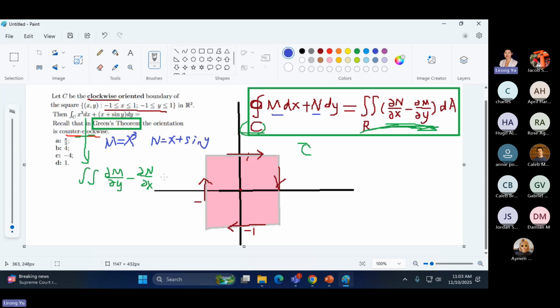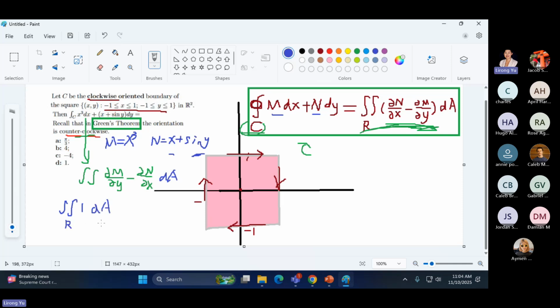So converting it to a double integral, it will be a double integral on the square integration region of dM/dy minus dN/dx. There's no y in M, so dM/dy is 0. For N, the x term gives dN/dx equal to 1. So really, this is the integral of 1 dA on the integration region.